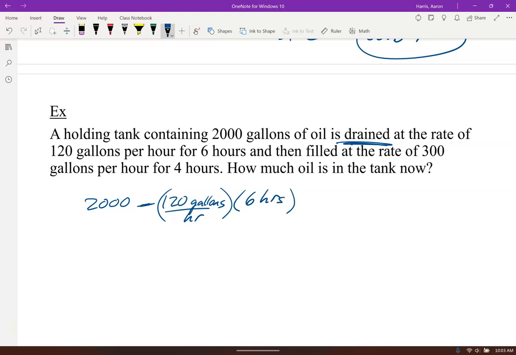In other words, we're subtracting out 720 gallons. Notice our hours cancel. So subtracting from the 2,000 gallons, it's draining out 720 gallons.